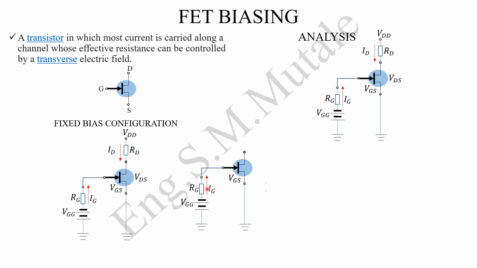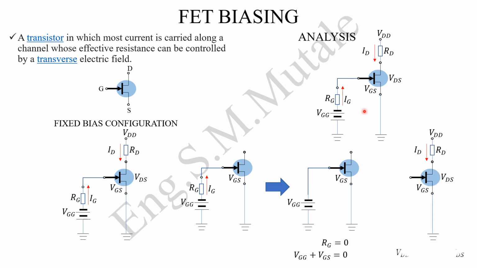The circuit looks like there is no resistor there. Because RG is 0, the voltages added around the loop give 0: VGG plus VGS equals 0. That's the first equation.